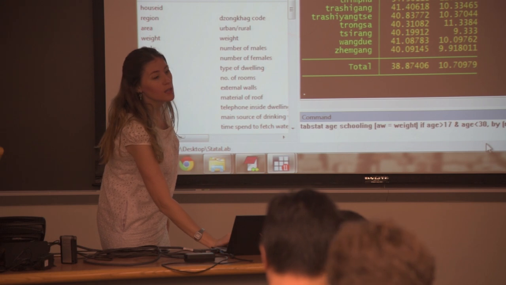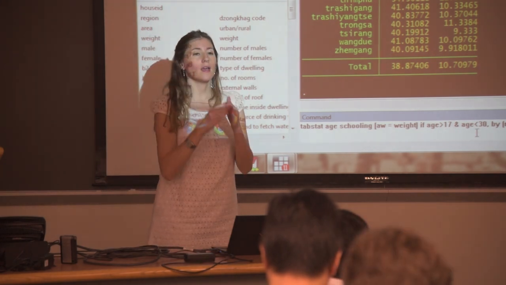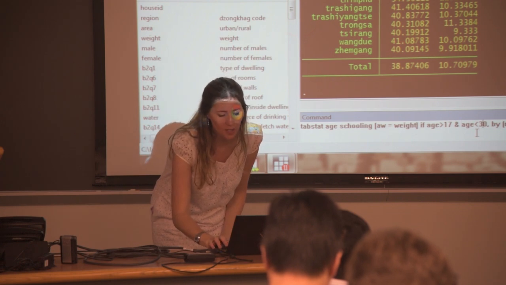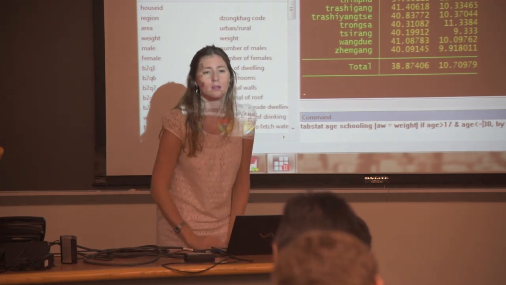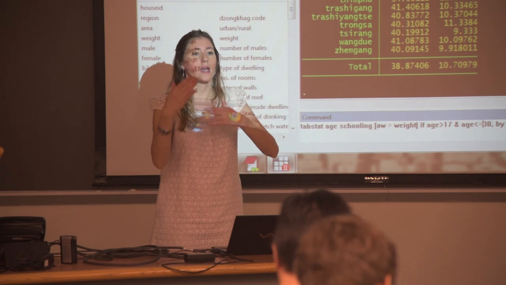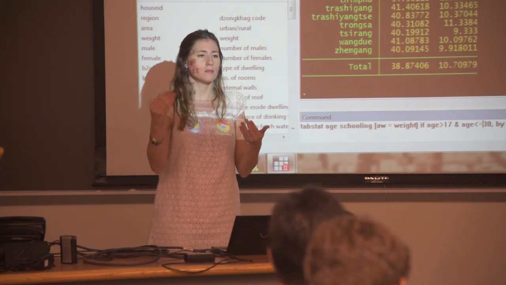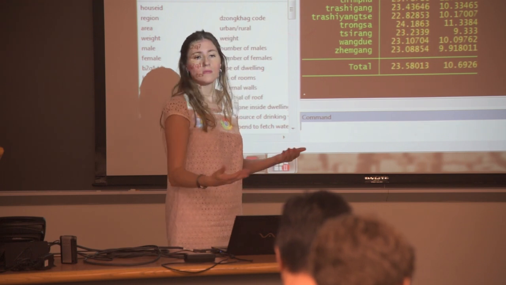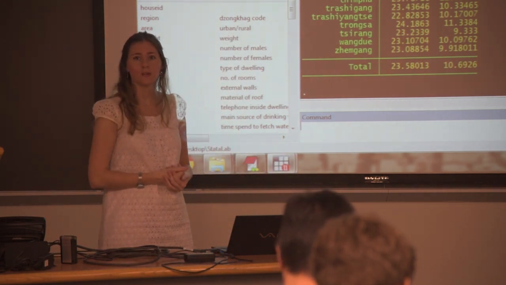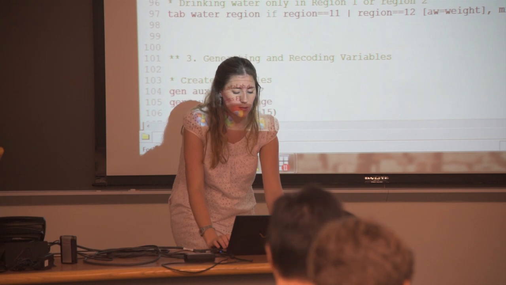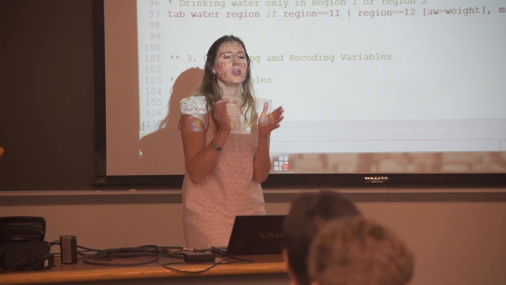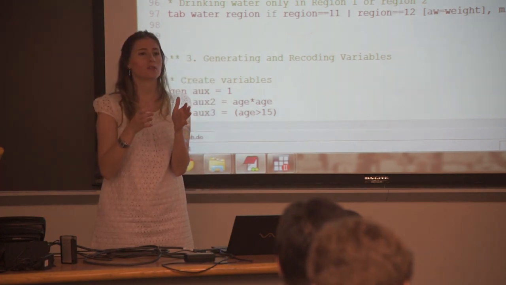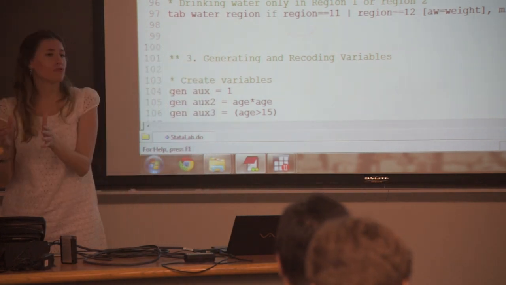Okay? If we want people to be lower or equal to 30, we would simply add the equal sign here. It's very much like how we say lower or equal, so we add this equal sign as well. And we simply run it like that. But the word if has to be added just once. It's not that we need to add if age is below 17 and if age is above.